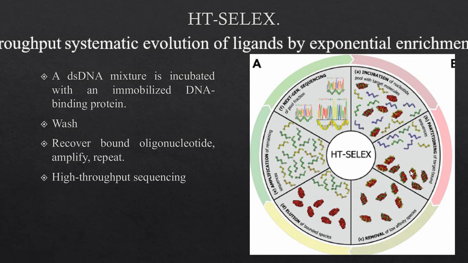Partitioning is, as we did in ChIP-chip and ChIP-seq, the separation of the bound segments from unbound segments, then removal of unbound segments, then elution of the bound species, and then amplification of these. After amplification we do high throughput sequencing, which gives us accurate data of each nucleotide sequence, in the form of A, G, T, C, one after the other.